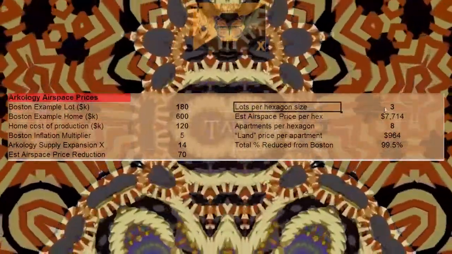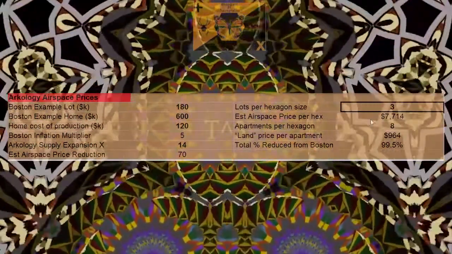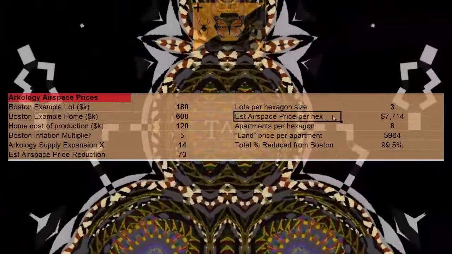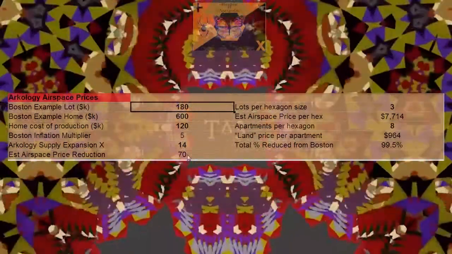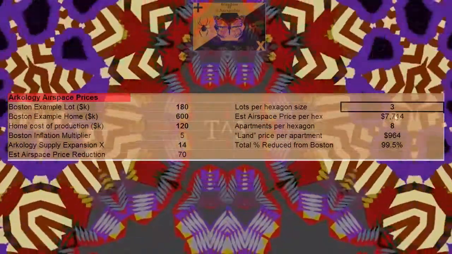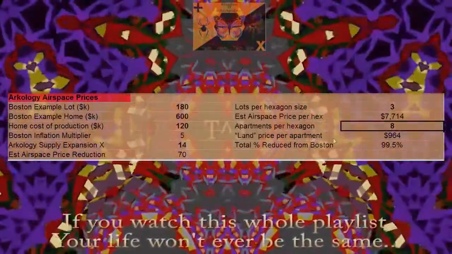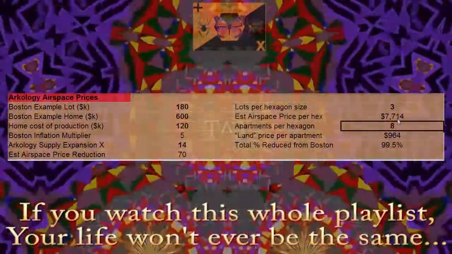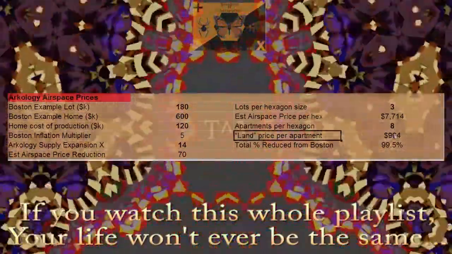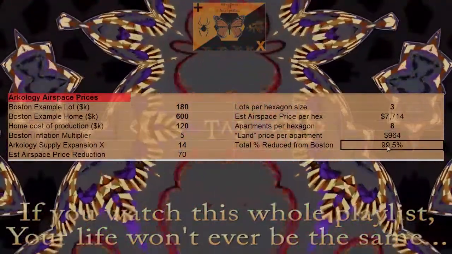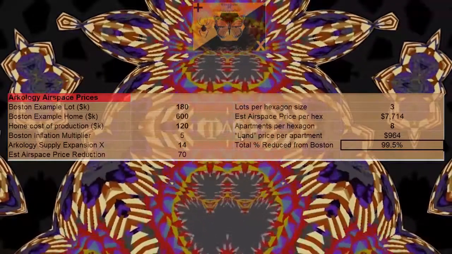Your lot is about 1/3 of a hexagon. They're pretty small lots that I saw. Hexagons are pretty big. So your airspace price per hexagon would be about $7,800. You just do this divided by 70 times 3. But you get 8 apartments per hexagon, even 12. But the larger apartments are 8. So you just divide, you get an airspace or land price per apartment of about $1,000, a 99.5% reduction over Boston.